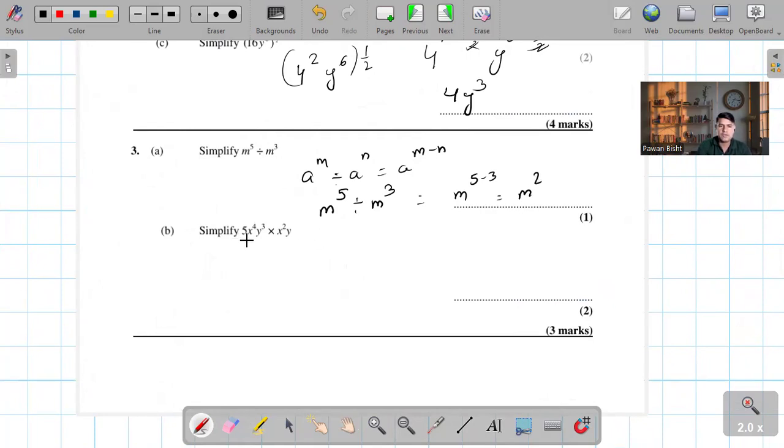Now this, 5 x to the power 4 y cubed times x squared y. Base same, powers will add, 4 plus 2, 3 plus 1. So 5x to the power 6 y to the power 4. Okay, now let's move to the next question.